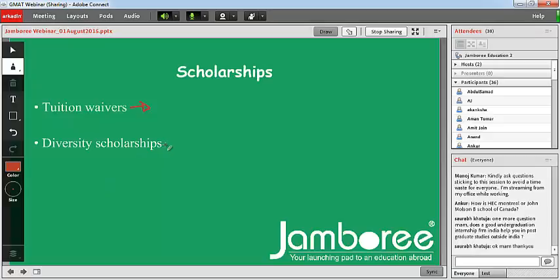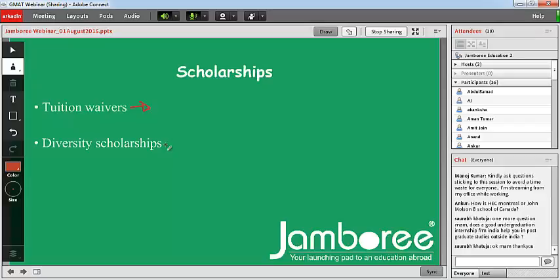Diversity scholarships. Some universities have something called diversity scholarships. They are given to students from unique backgrounds. But Indians don't usually qualify for this, especially because maximum applications to these schools come from Indians and Chinese, right?